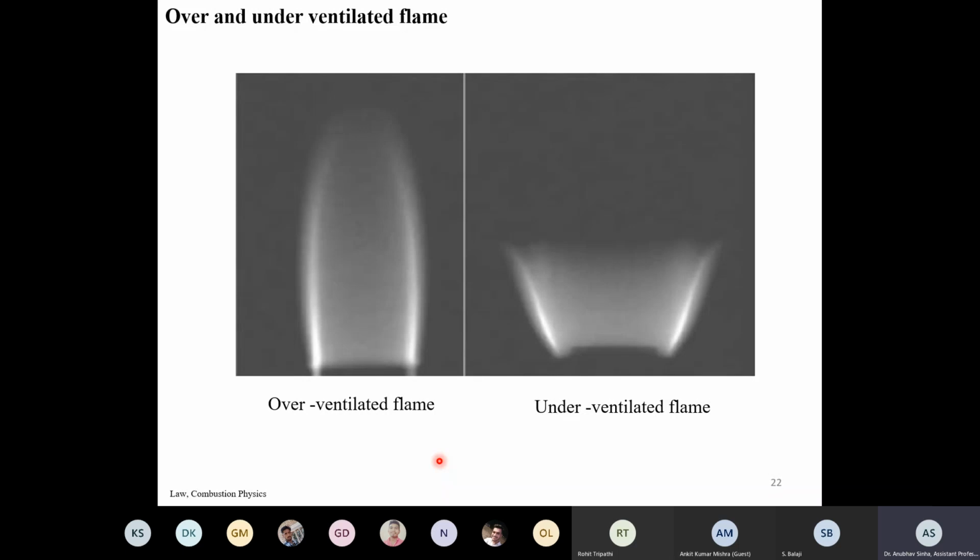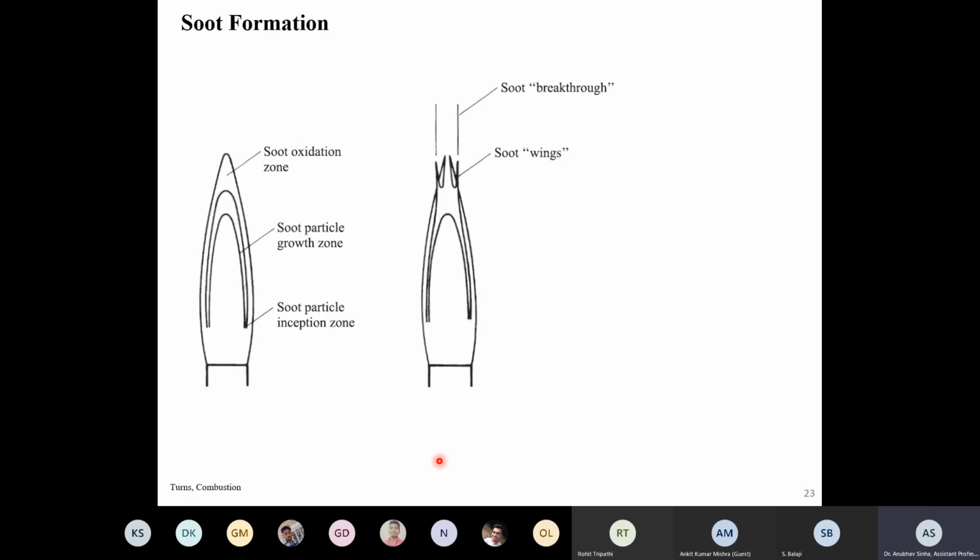Let us move on and talk a bit about soot formation. Especially when you have a diffusion flame and you don't have enough oxygen, or the mixing is not sufficient, or for various other reasons. We will not go into a lot of detail, but for a diffusion flame, soot formation is an important phenomenon. It is not such a big issue for premixed flames because we have very good mixing beforehand, but rich premixed flames also soot, and diffusion flames are especially known to soot.